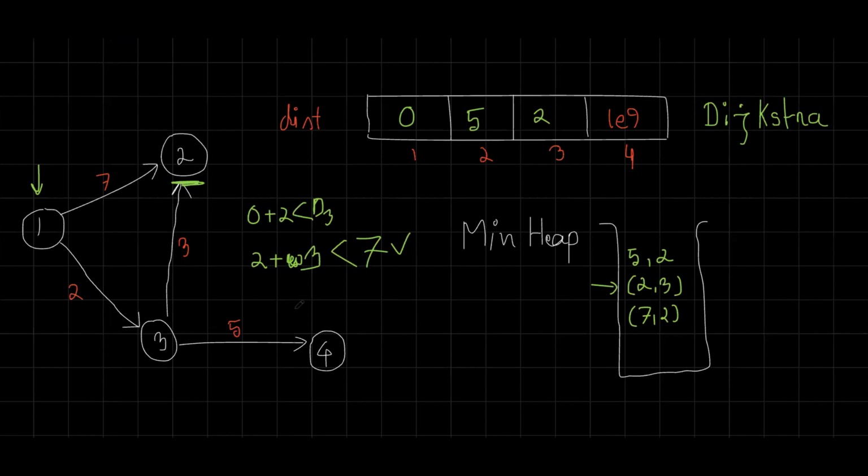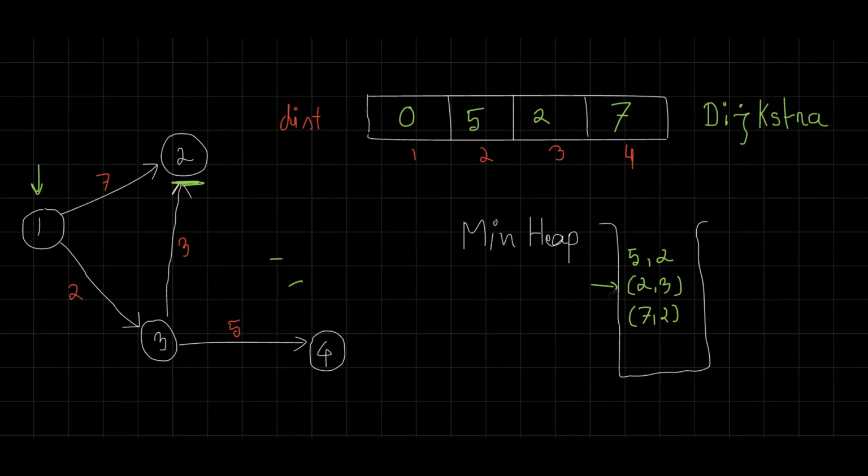So we have to check whether the distance of 3, which is 2, plus weight, which is 5, is less than the distance of 4 or not. The distance of 4 is infinity. So yes, it is true. That means we can assign the value 2 plus 5, which is 7, into the distance of 4.